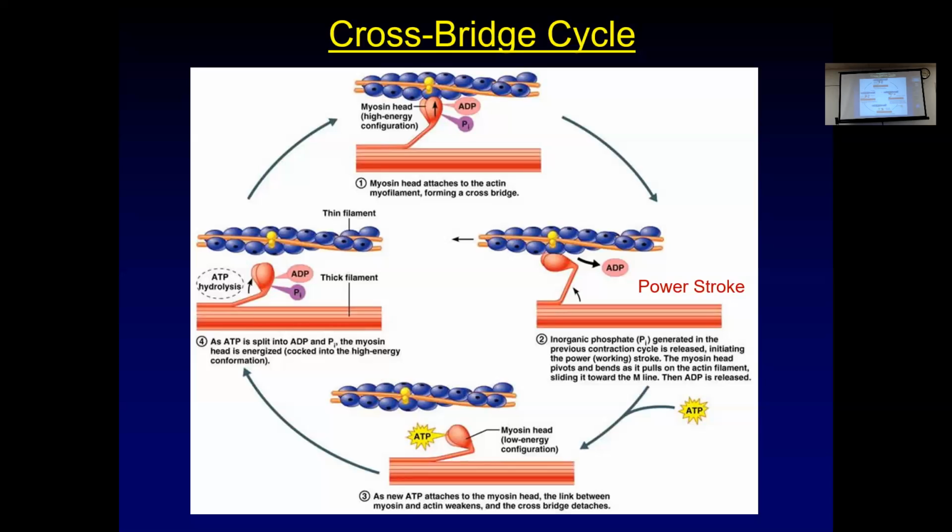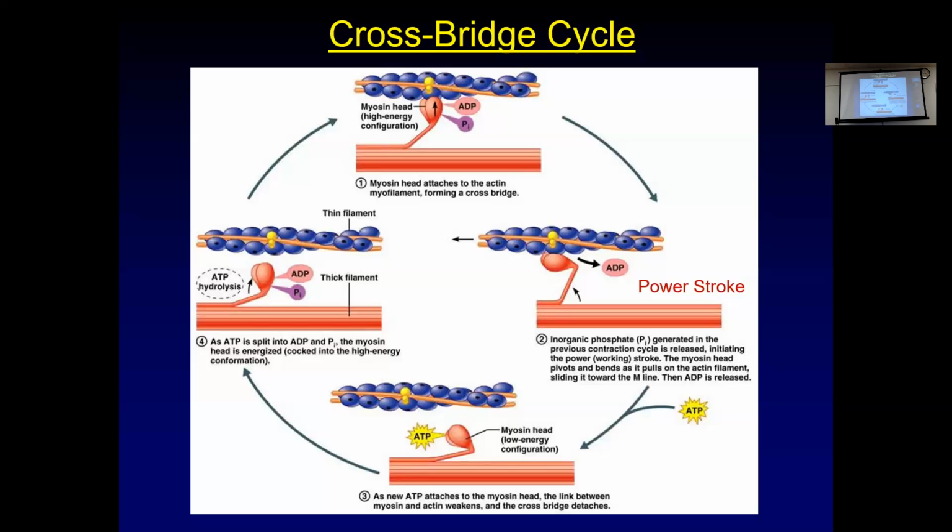So, when myosin binds onto actin, and I will demonstrate, here's an actin filament with my arm. I've got a thick filament down here that has myosin. My hand is the head of the myosin. When it wants to bind onto the actin, okay? When this happens, this complex that is formed with myosin bound is called a cross bridge, okay?